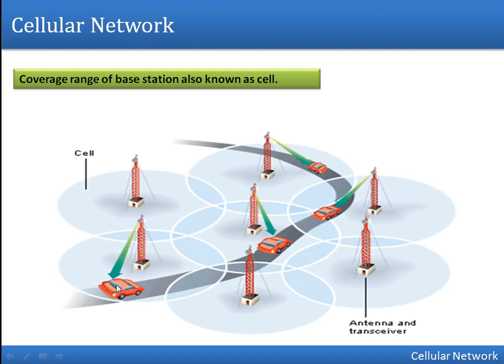So when a user changes location, moving from one cell to another cell, the base station of the other cell has to handle the traffic of this user. This complicates the cellular network a little bit, and we will study this under handoff.